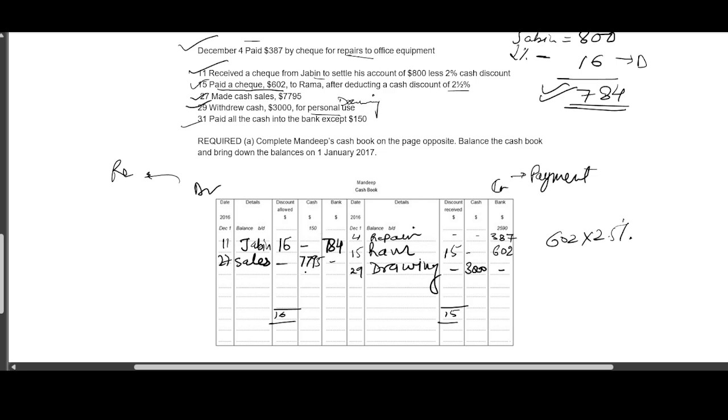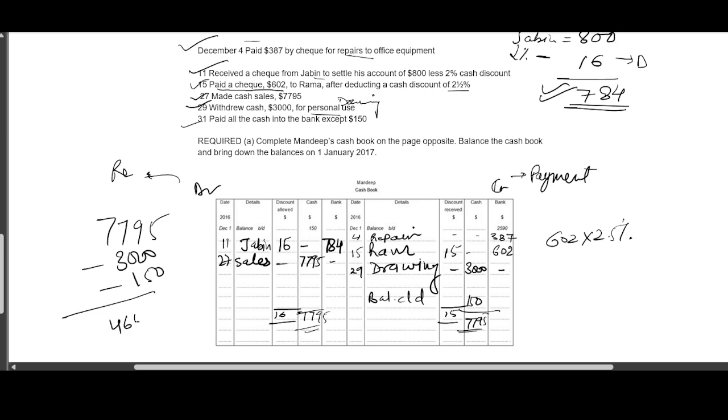Okay, so cash 7795, 7795 is the debit side and in the credit side also, but they said the balance carried down for the cash is 150. Okay, so 7795 is the bigger amount, 7795. Okay, so 7795 minus 3000 and minus 150, the amount will be 4645.